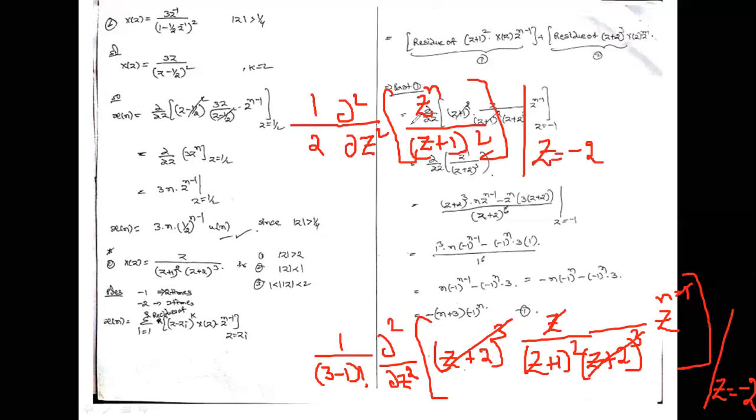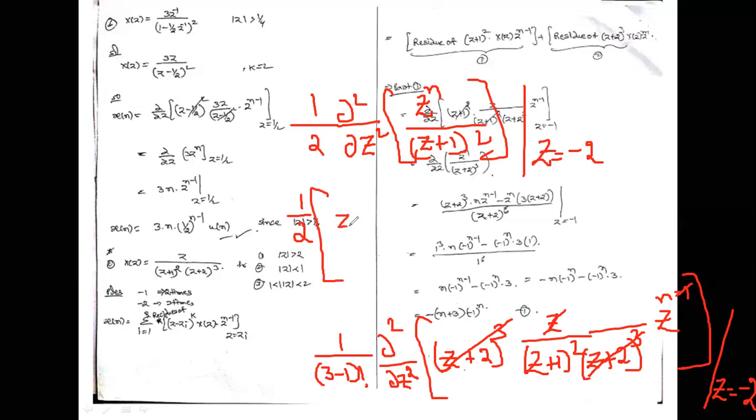So for this function, now you can apply the u by v rule two times. d by dz and again d by dz. So z plus 1 whole square into n into z power n minus 1, the first derivative you can take as whatever we already applied here.